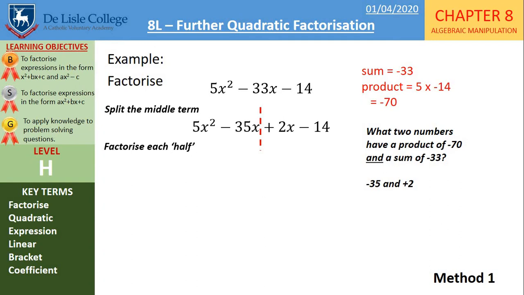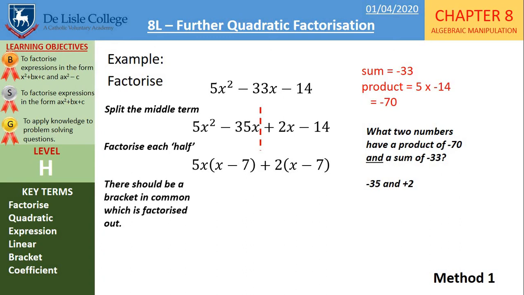So factorising the left side, we're going to have 5x as your common factor. Factorising the right side, you've got 2 as your common factor. Notice that we have the same bracket, which is what we should have. So the reverse of the expansion method, we've got 5x plus 2 to give us one bracket, and x take away 7 as our other bracket.